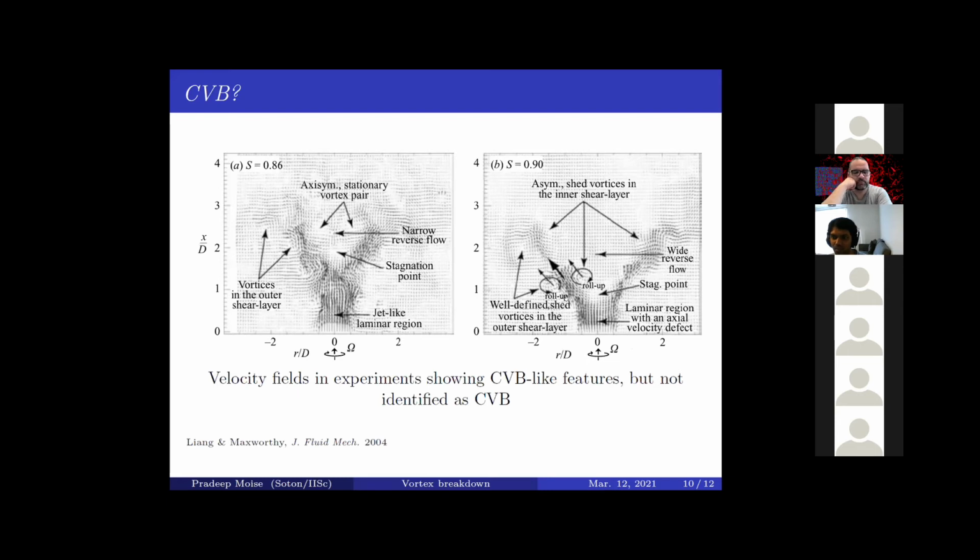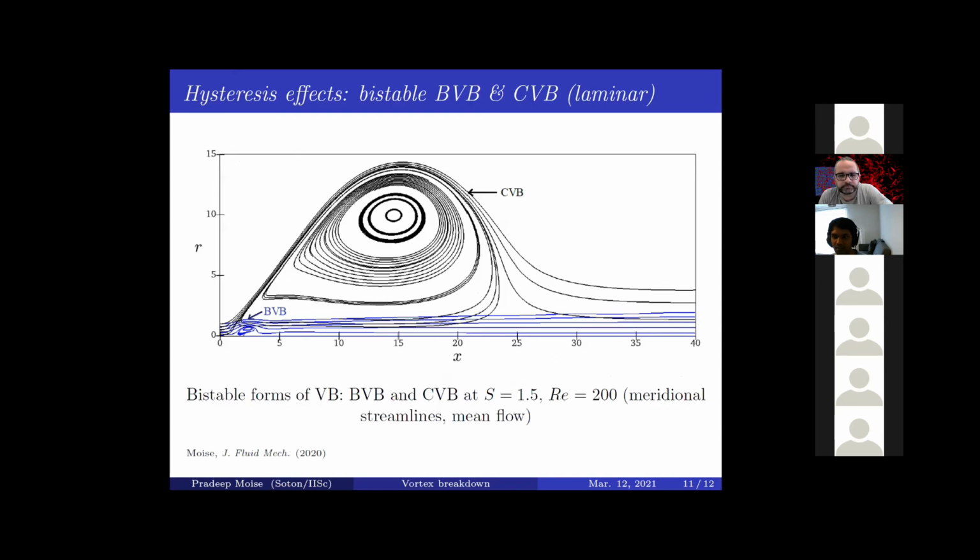But an important point is that even though these velocity fields show the conical recirculation zone, the flow state was not identified as a CVB, a conical vortex breakdown, in Liang and Maxworthy. And this seems to be a trend in a lot of the literature available, in which this conical form of vortex breakdown, even though it seems to be present once you start digging, has not been identified as such.